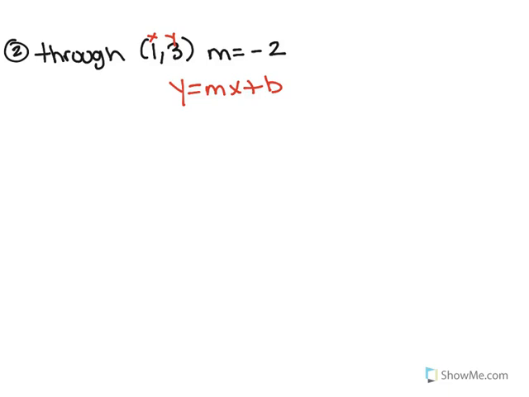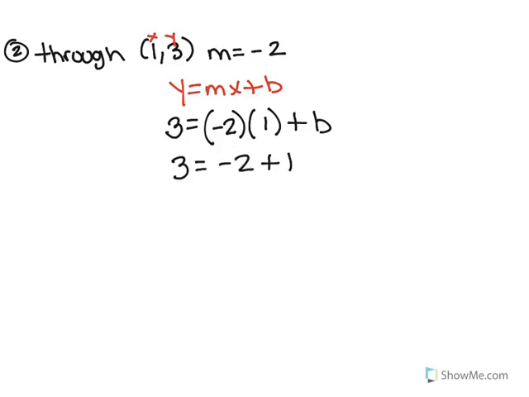So your y random number is what, 3? M is who? -2. And the x random point is 1. Then I bring down my plus B. So we got 3 equals -2 plus B. And what are you going to do to get B by itself?